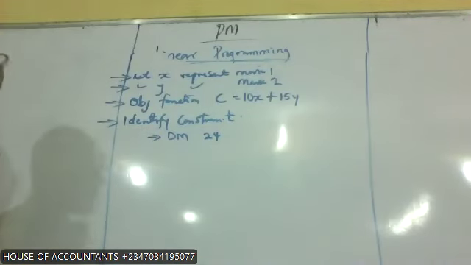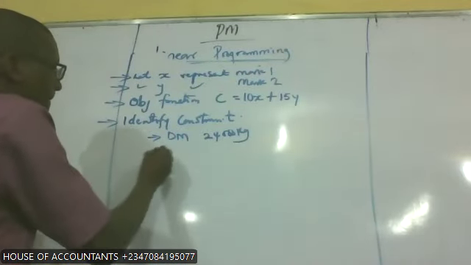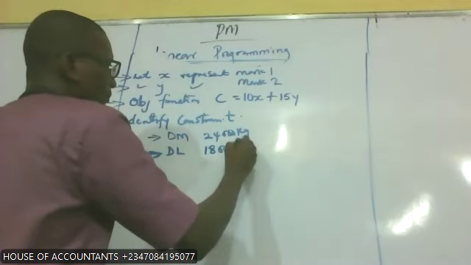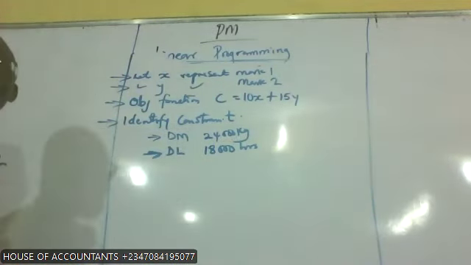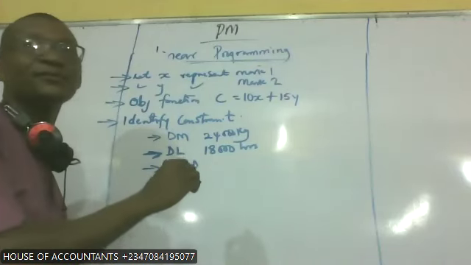The constraint is direct material, 24,000 kg. Direct labor, 18,000 hours. What's the next one? Sales demand. It varies per product.